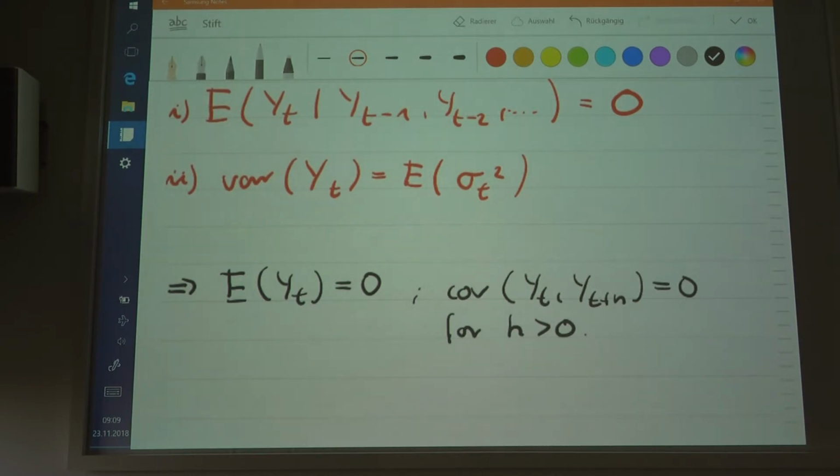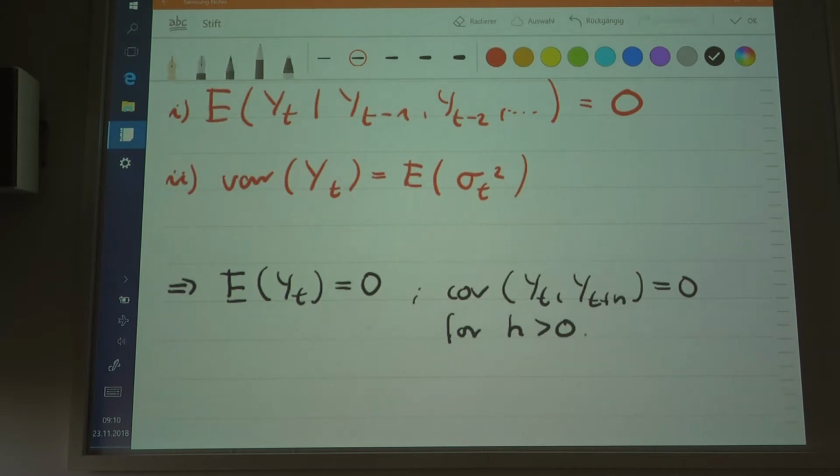So there is no serial correlation of the process, but you have to be careful. It doesn't necessarily mean that there is no serial dependency, especially in practice.